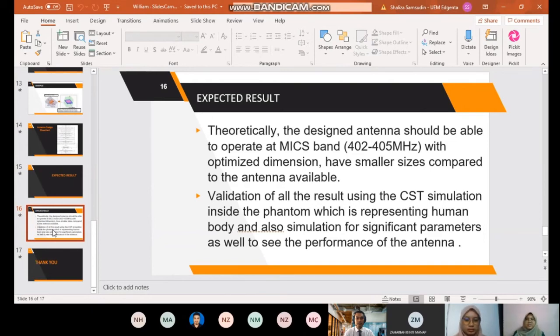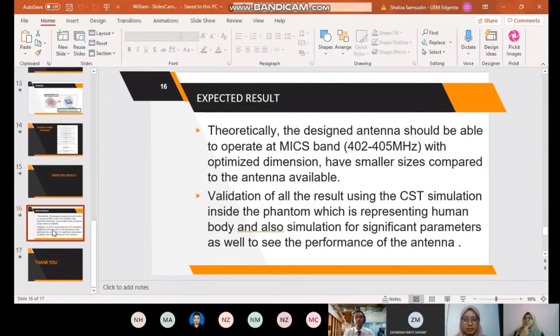Many types of Rogers, several types of Rogers, ranging from 2 to 5. The range of the substrate is 2 to 5.